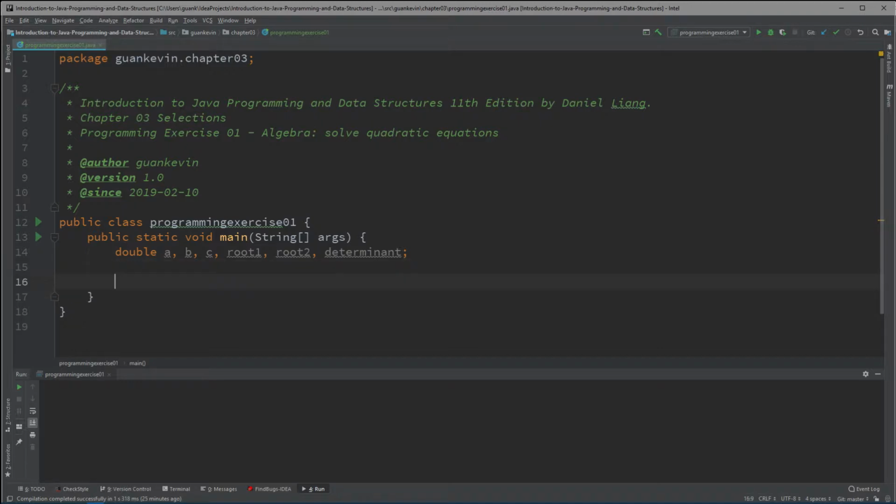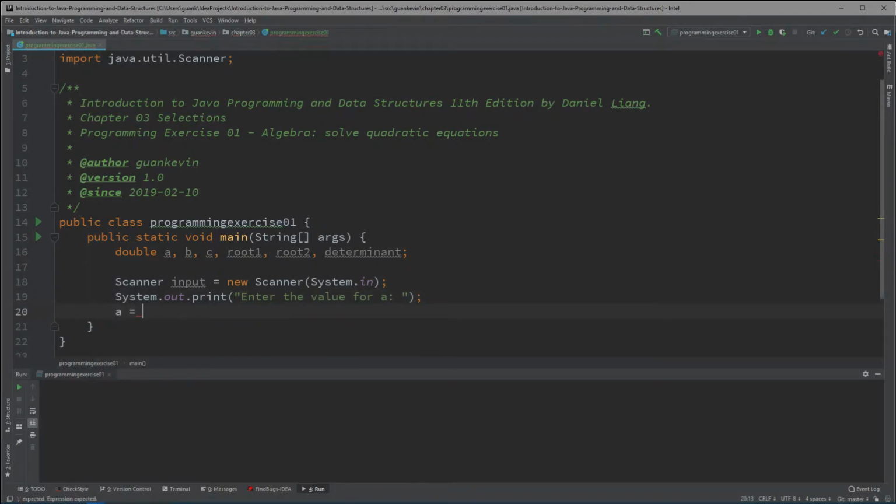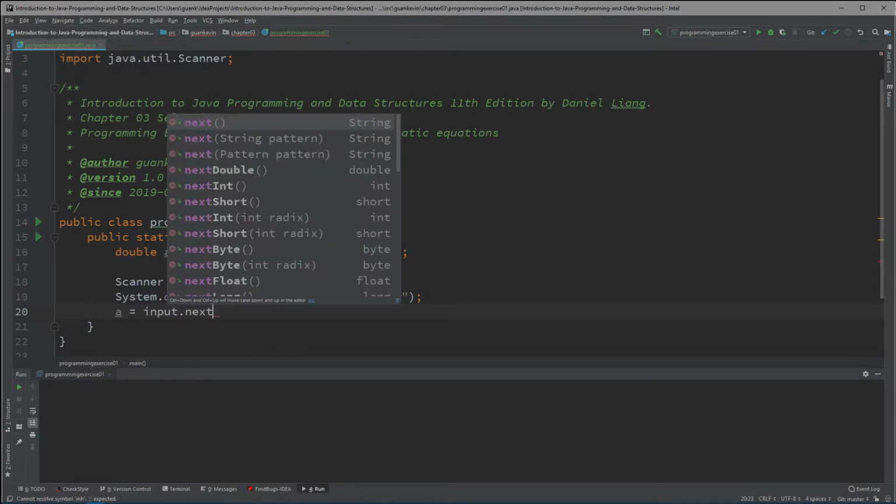All right, so actually, before I do that, let's see, right, scanner input equals new scanner, system dot in, and there we go, and we'll say system dot out dot print, enter the value for A. And then we'll say A equals input dot next, we'll just say next double.